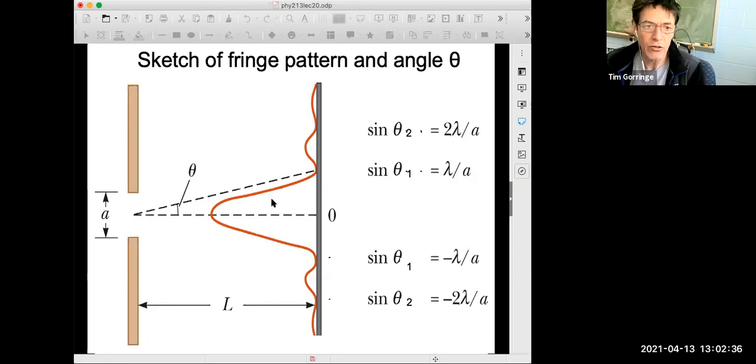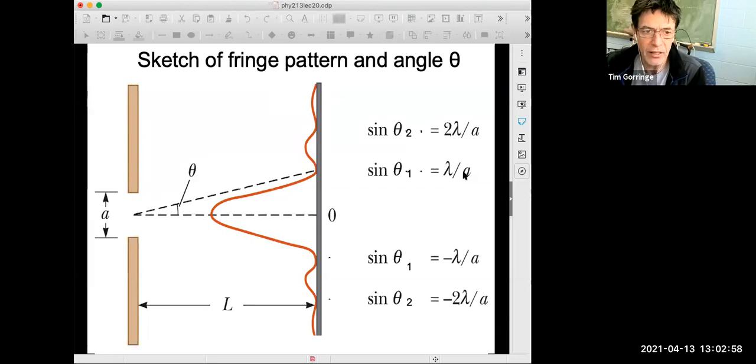And we use subscripts 1 and 2 to indicate those orders of the fringes. And so, for example, the first order dark fringe is located at a direction θ1 given by this equation.